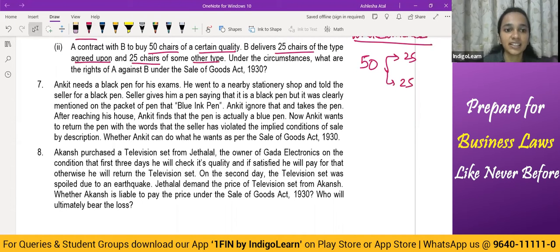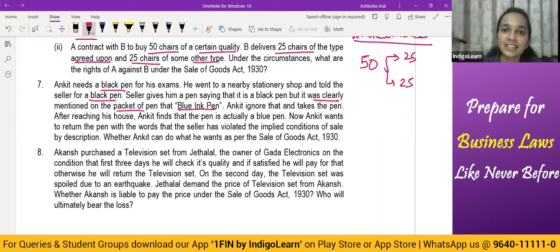So Ankit needs a black pen for his exams. Just like all of you need a black pen, Ankit also needs a black pen for his exam. He went to a nearby stationery shop and asked the seller for a black pen. The seller gives him a pen saying that it is a black pen, but it was clearly mentioned on the packet of the pen that it was a blue ink pen.